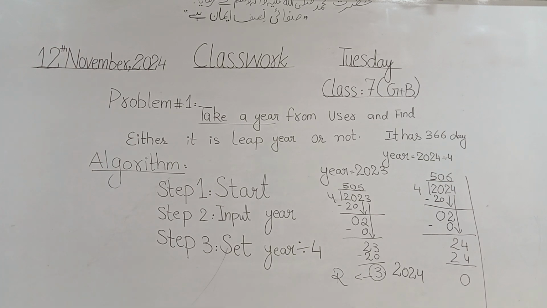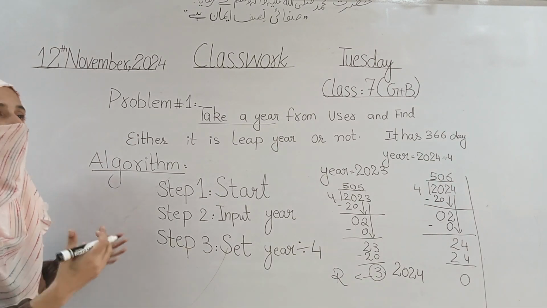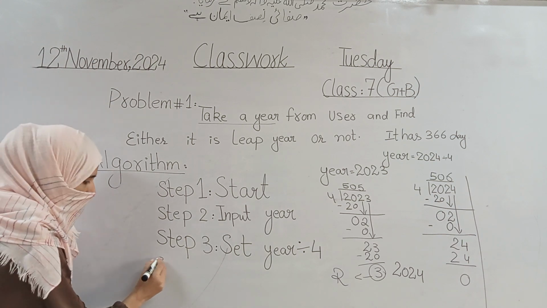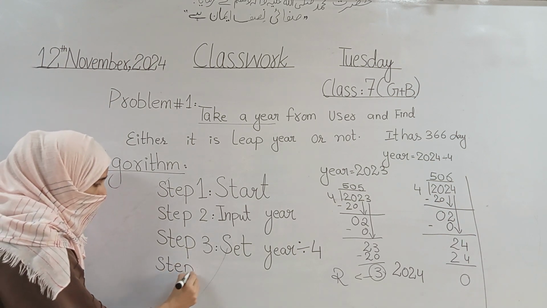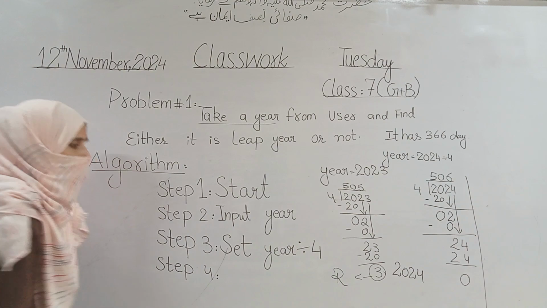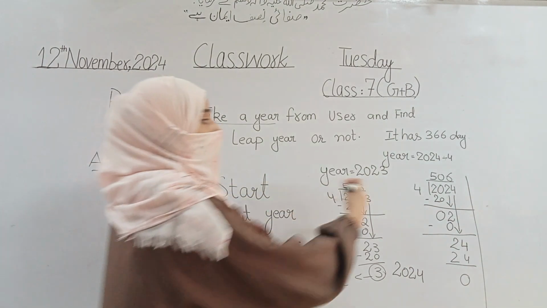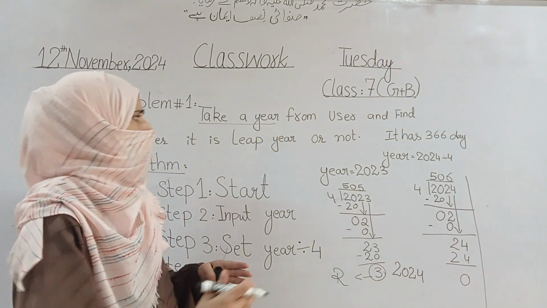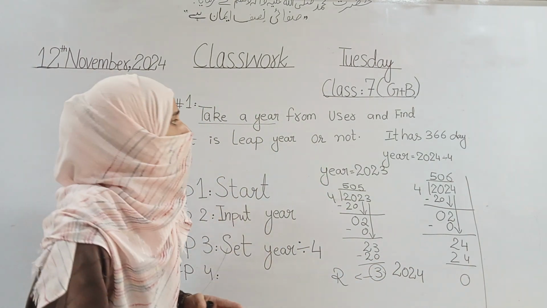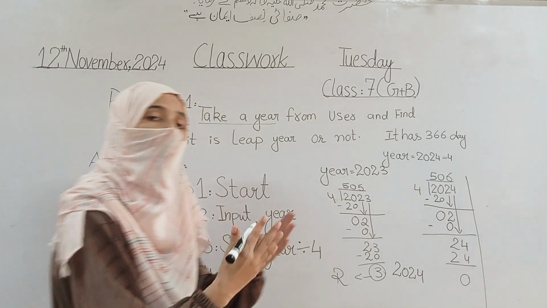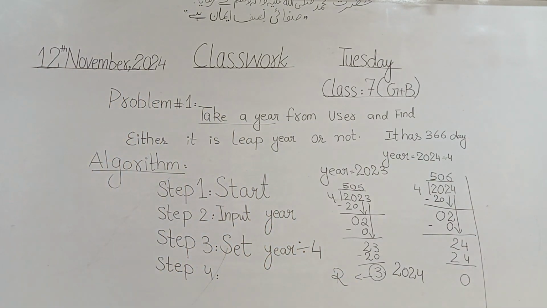Step number 4: after processing, it gives us some output. But before output, we have a condition. A leap year is a year that is exactly divisible by 4. But if the year is not a leap year and gives us a remainder of 3, 2, 1 or some other number, it means we have to apply a condition.